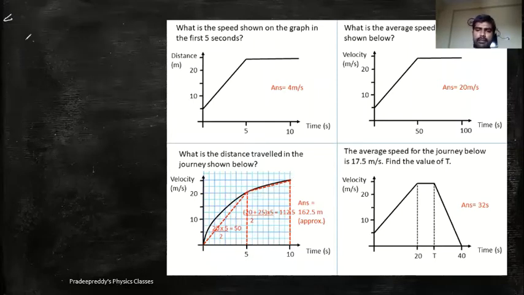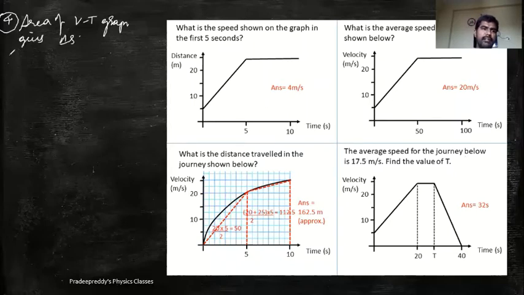See, we have a VT graph. The area of the VT graph gives delta S. And what is given to you? The average speed of the journey below is 17.5. V average is equal to delta S divided by delta T, which is equal to 17.5 meter per second.